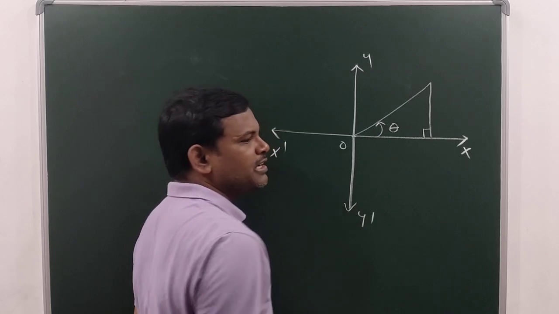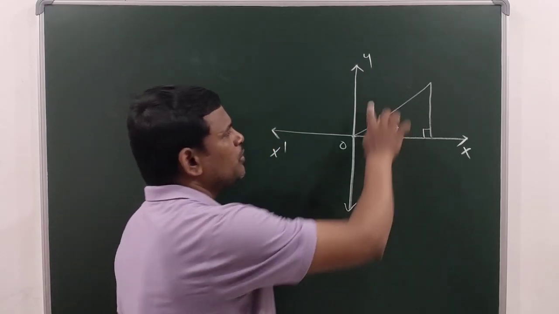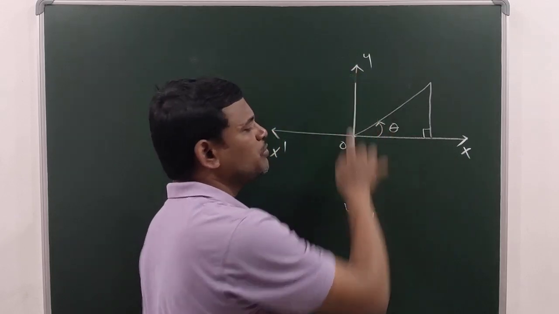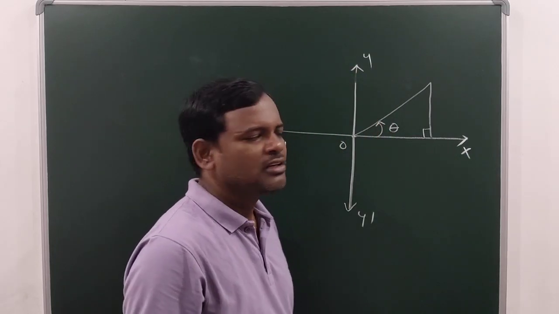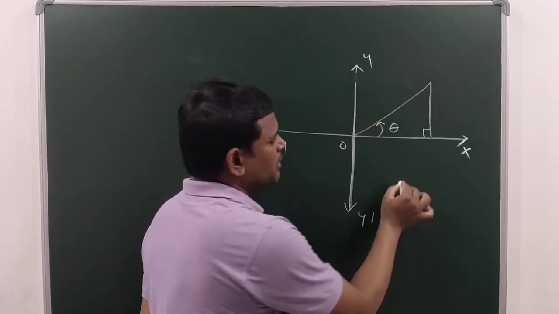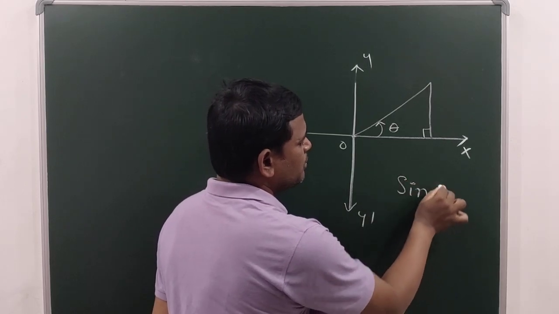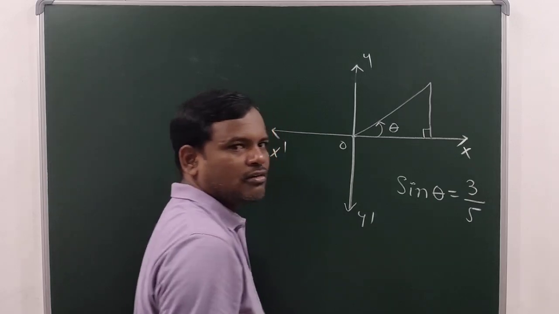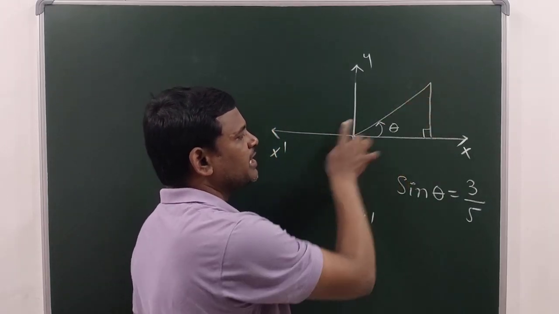Let it be some angle theta. You know, in the first quadrant, it is bounded by the positive x-axis and positive y-axis. So suppose you take sine theta is equal to 3 by 5. Now represent this information on this right angle triangle.